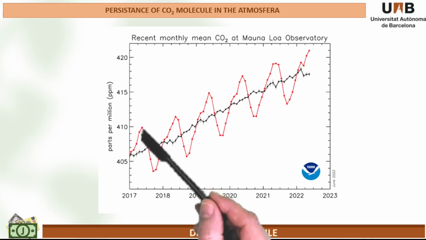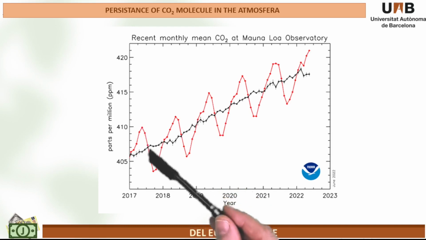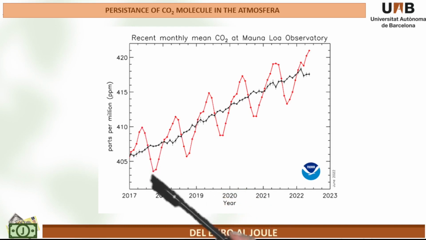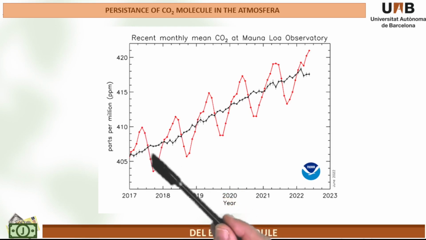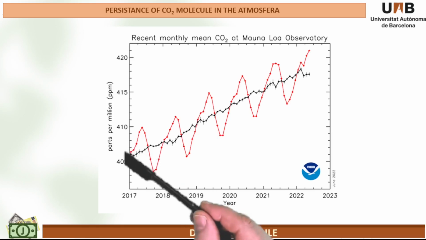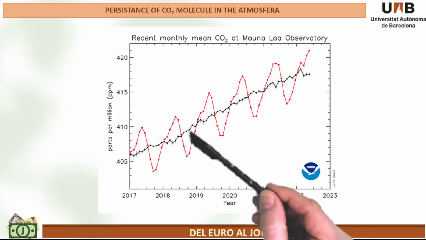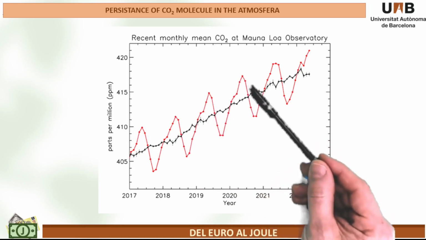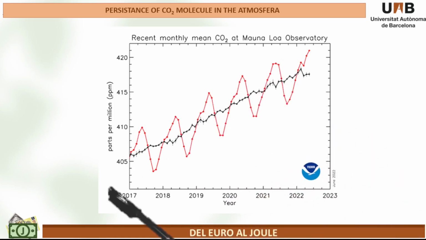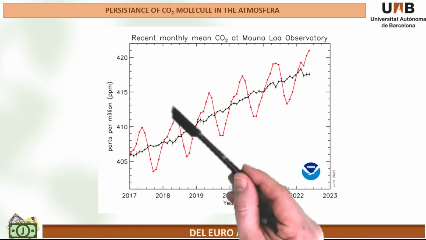But at the spring, nature is reabsorbing part of this carbon dioxide because of the natural growing of the vegetal life. So sometimes it's increasing, sometimes it's decreasing, but at the end, the net amount of carbon dioxide is increasing because what is being removed during the spring cannot be as large as the amount of carbon dioxide that we emit during the winter.